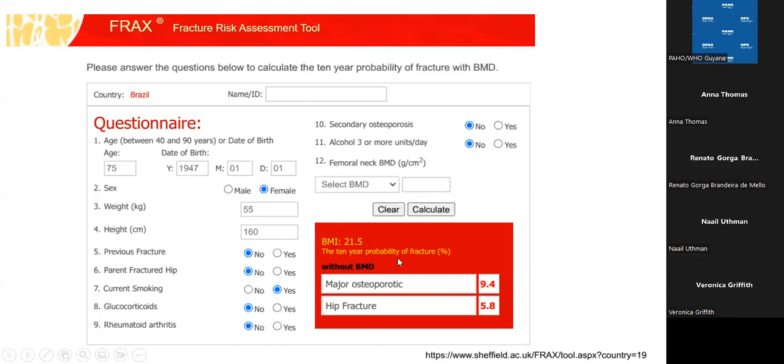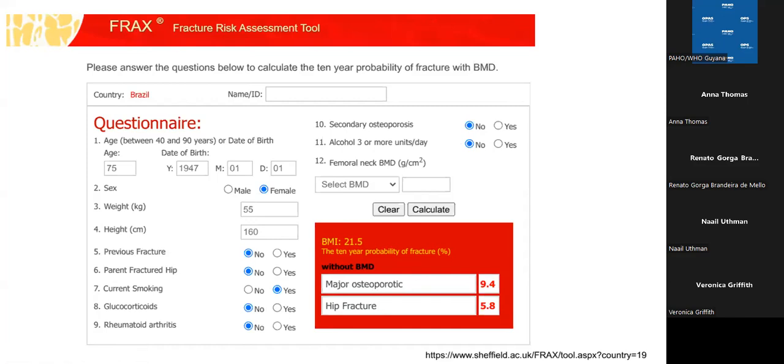This is the 10-year probability of fracture. That is 9.4% for a major osteoporotic fracture, and 5.8% risk for hip fracture.